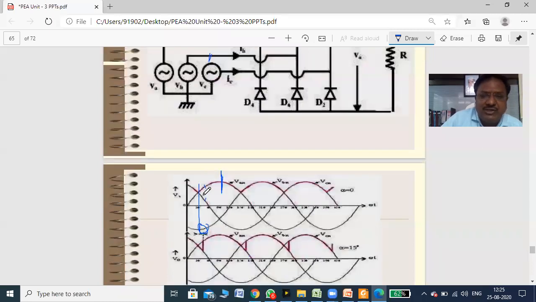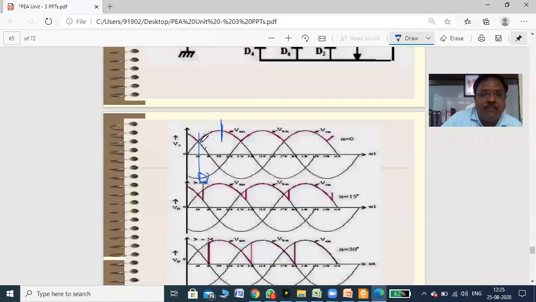At this first instant, phase C is decreasing in voltage while phase A is increasing. So at this instant, pi by 6, phase A is more positive and phase B is most negative.